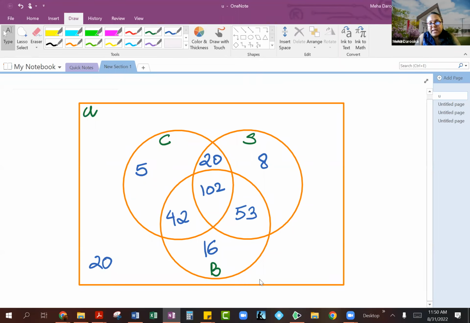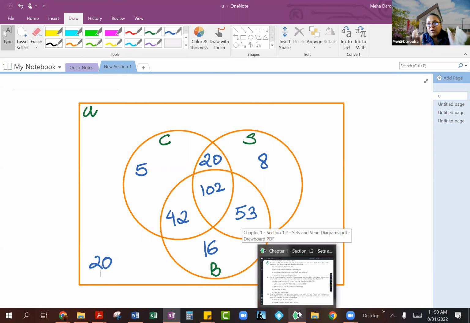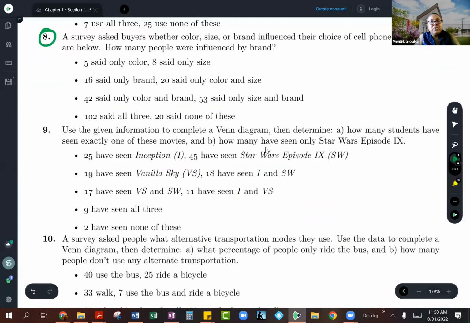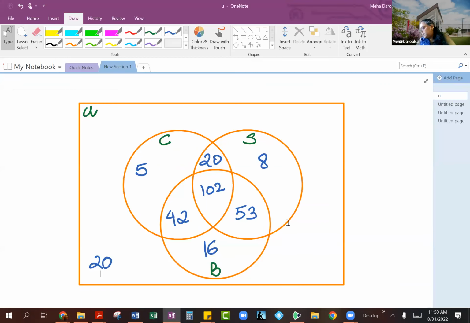The first part is to come up with our Venn diagram with all the values. Then you answer the question, and the question was, how many people were influenced by brand? So I'll give you guys a minute to think about it and then tell me what you think that answer should be.